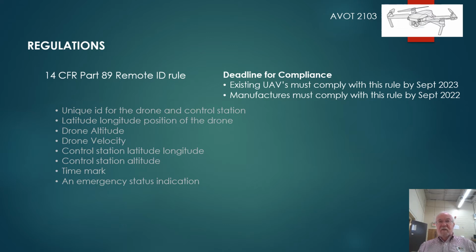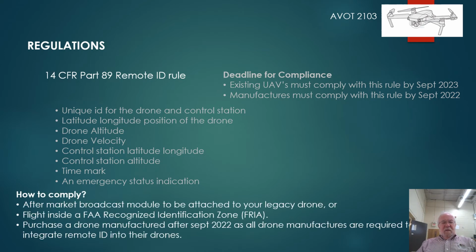Because if it's not, you're going to have to buy another module to add to it, or some other solution after 2023. But if you're going to buy a drone after 2022, you don't have a problem. But I would expect you all probably to want to get a drone before then. That's up to you. Okay, down at the bottom of this slide, you'll see how to comply.